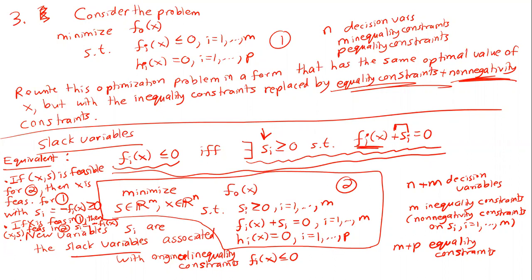And the final thing that we have here, which I'm running out of space for, but I want to put these in order and on this slide if possible, is that if (x, s) is optimal for 2, then x is optimal for 1, and vice versa.